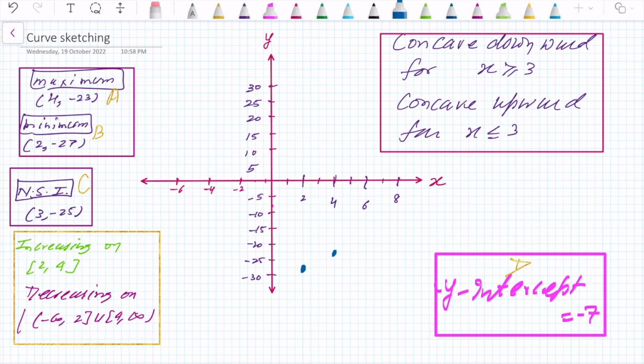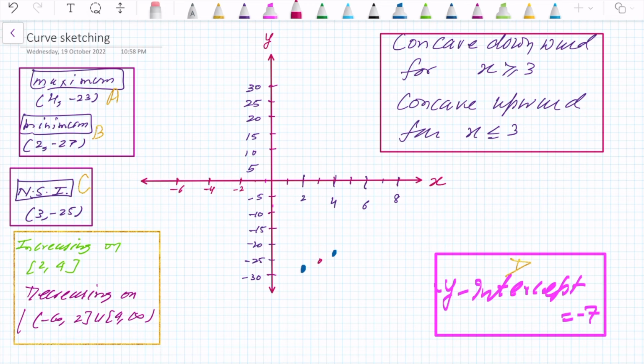Now the curve is concave downward for x greater than or equal to 3. We should mark the non-stationary point of inflection also. So we have a non-stationary point of inflection at 3, negative 25.